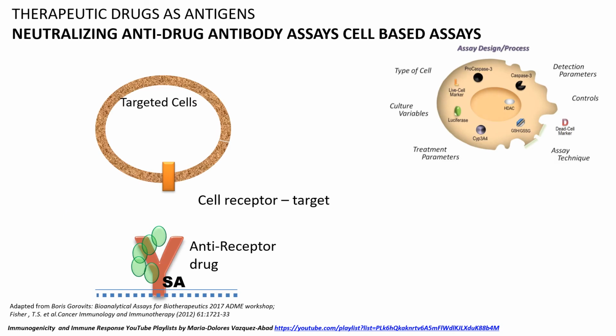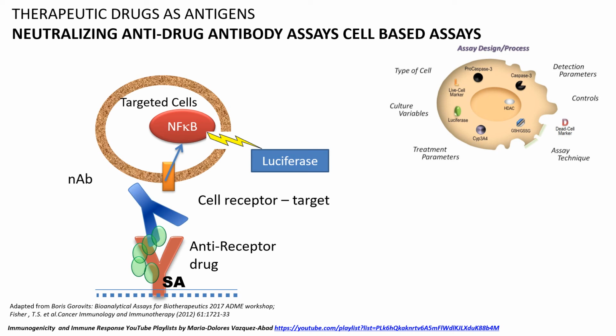When we have a cell-based neutralizing assay, this means that the target of this drug is on the cell, bound to a cell membrane. And when we put the cells on the plate with our drug, there should be a signal that they're binding. If there are neutralizing antibodies in the blood of the patient, then this signal disappears.